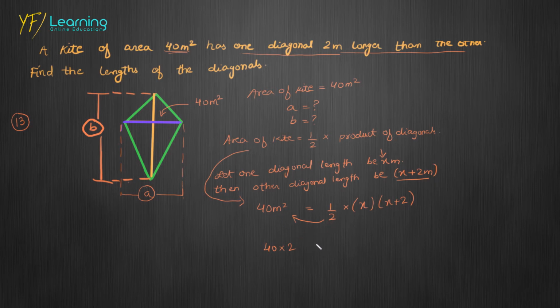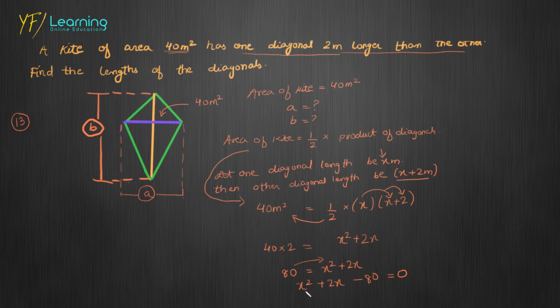When you move it to the left, it multiplies with 40, and x times x is x square, x times 2 is 2x. So 40 times 2 is 80, equals x square plus 2x. Move this 80 to the right side, so it becomes minus 80, and 0 is left here.